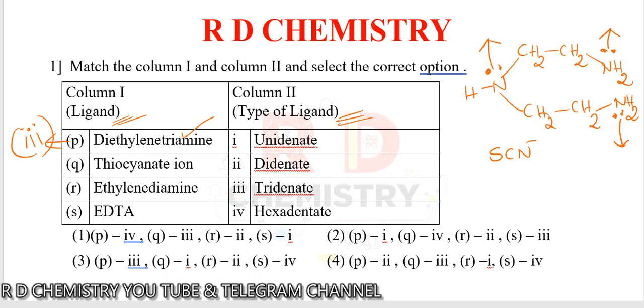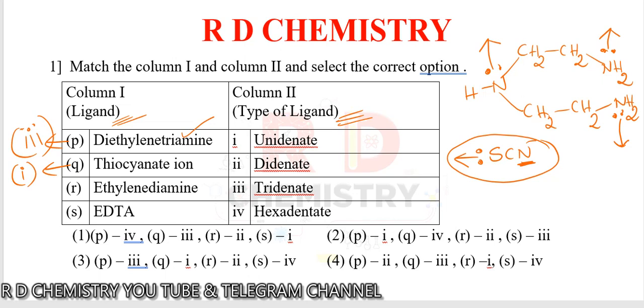Sulfur can donate an electron pair, or sometimes nitrogen can also donate the electron pair. These are ambidentate ligands, and here only one atom donates at a time. So it is a unidentate ligand. So thiocyanate is Roman number 1.